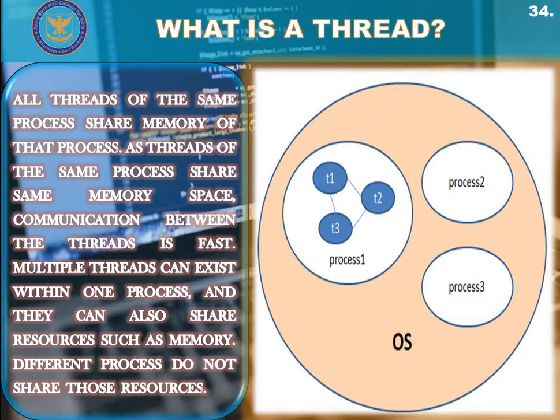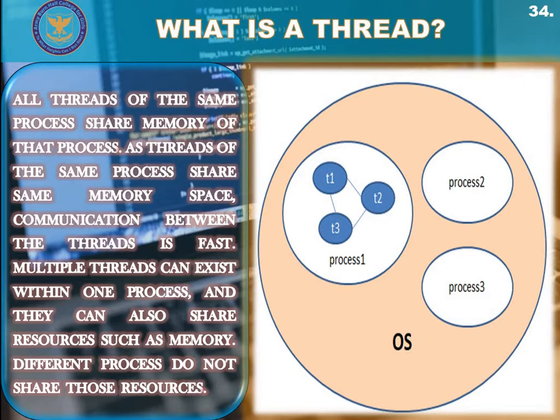A person residing in one room can use the resources of other rooms of that building, or go to some other room for taking something from that room. That's why we say that threads of the same process can share memory space, and threads of the same process can communicate. Communication takes place between them as fast as possible, and multiple threads can exist within one process and share resources such as memory space.